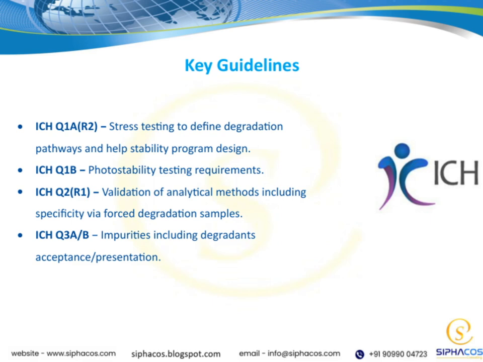These guidelines help us determine acceptable levels and presentation, ensuring the safety and efficacy of our products. Overall, these guidelines form the backbone of our approach to ensuring product quality throughout its shelf life, aligning with the broader theme of maintaining rigorous standards in pharmaceutical development and manufacturing.